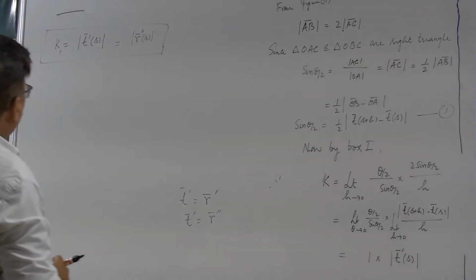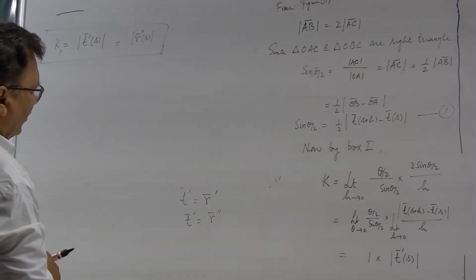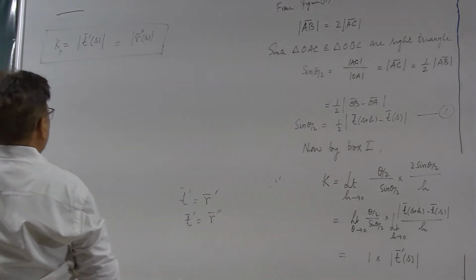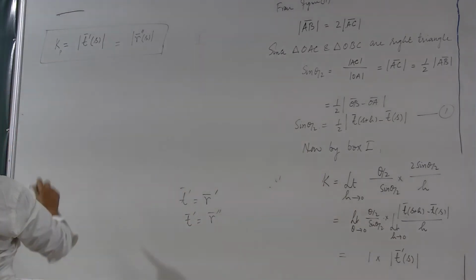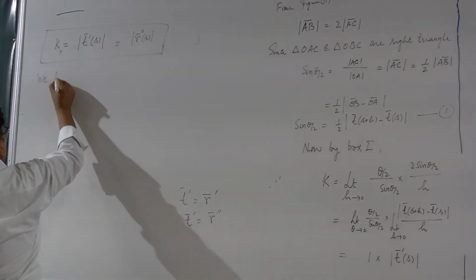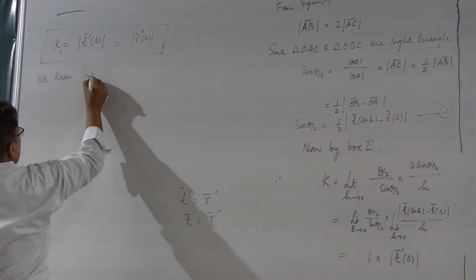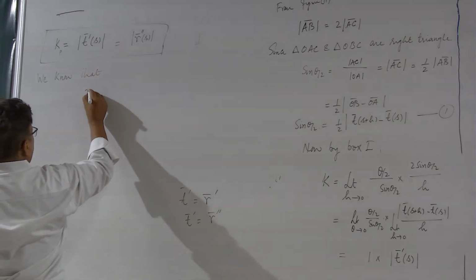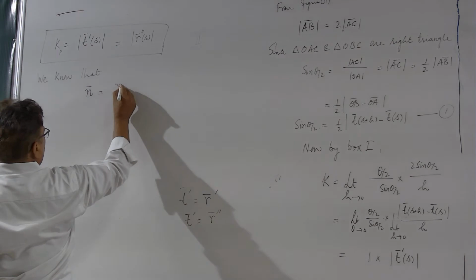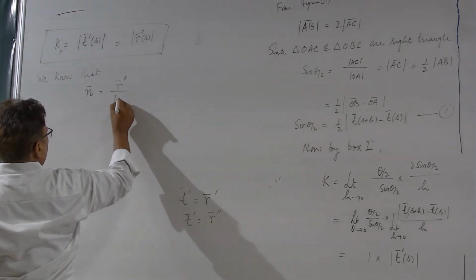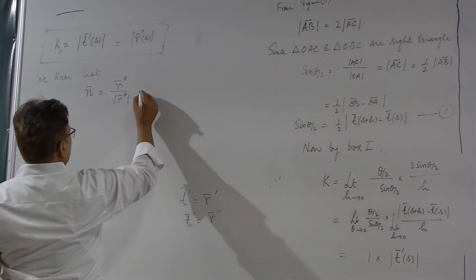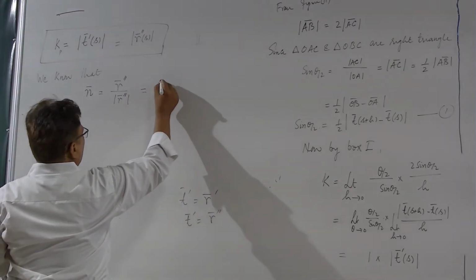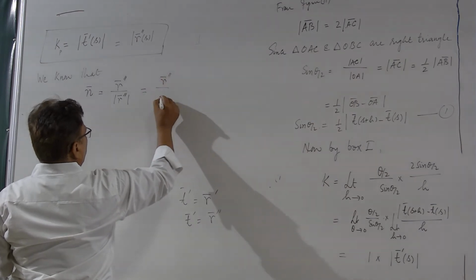All right. At this point, I can think of n. You see, this is box 2. We know that the principal normal n is in fact r double dash upon modulus of r double dash, and modulus of r double dash is now the curvature k. So, this becomes r double dash upon k.